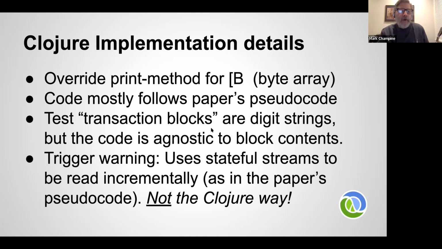This question came up before. What are these transactions? What are these blocks or leaves or nodes that we're talking about? So in my test code, I just use single-digit strings as my nodes, but the code doesn't care what is passed into the hashing function. It could be a megabyte, and it would just be as happy.